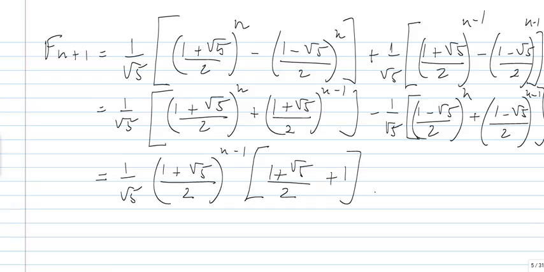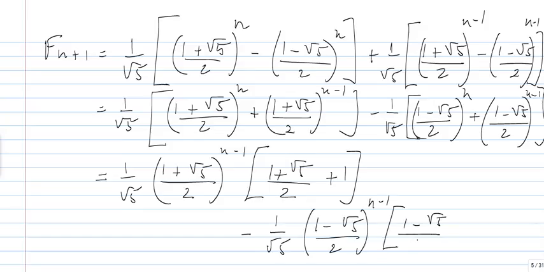And here we get minus 1 over square root of 5, and then we take, of course, the power n minus 1, and then we find 1 minus square root of 5 over 2 plus 1.